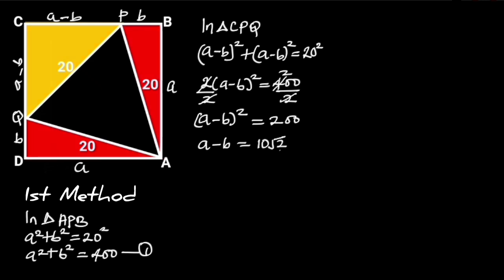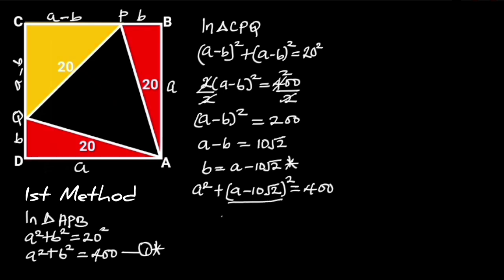Next, let's make B the subject of the formula. Doing so will give us B is equal to A minus 10 root 2. Next, let's substitute B with A minus 10 root 2 in equation 1. And this will give us A squared plus (A minus 10 root 2) squared is equal to 400.